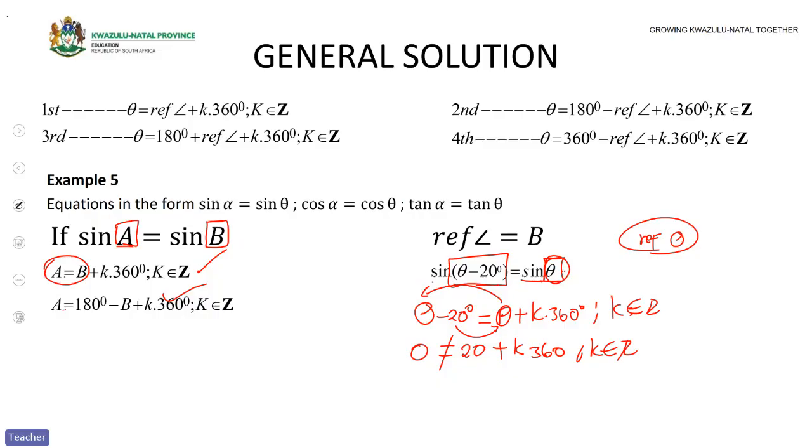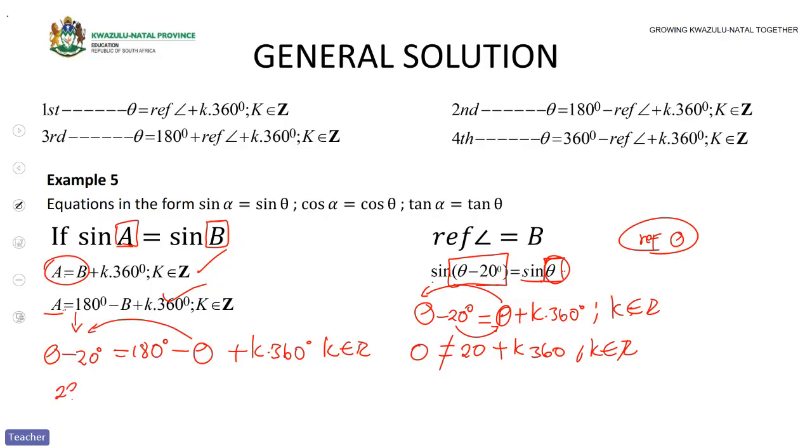Then for the other solution, which is this one, for A, which is our angle theta minus 20 degrees, equals 180 degrees minus B, which is our reference angle, plus K times 360, where K is an element of all integers. Then you are going to solve again. Theta, we are going to take with theta to the other side.